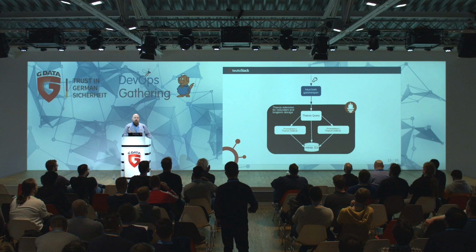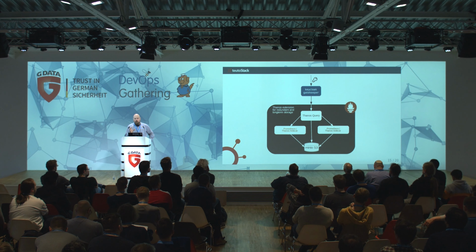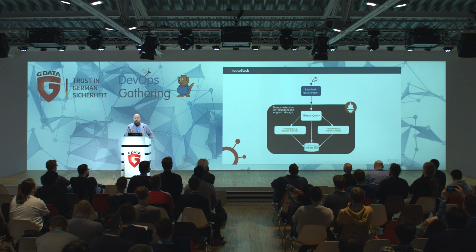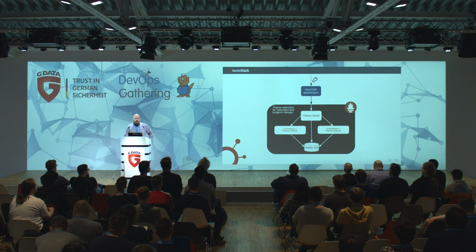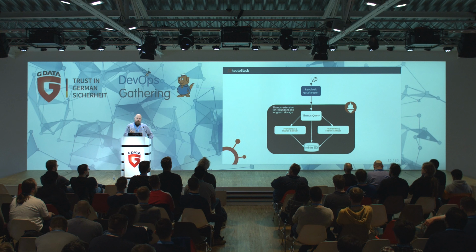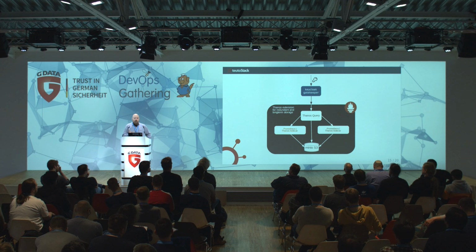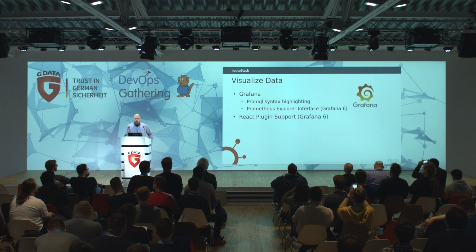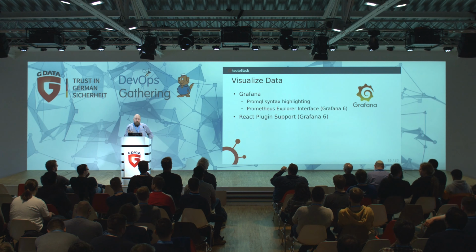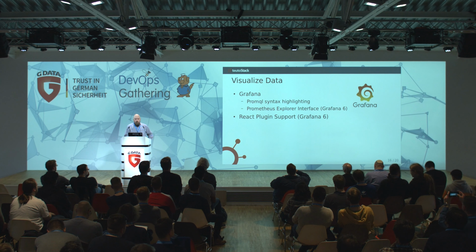So we use the Thanos project for running Prometheus in a redundant fashion and to be able to have long-term data retention. And in front we use a reverse proxy, Keycloak Gatekeeper, for having OpenID Connect authentication. And for visualizing the data, we resorted to Grafana, which you may already know.